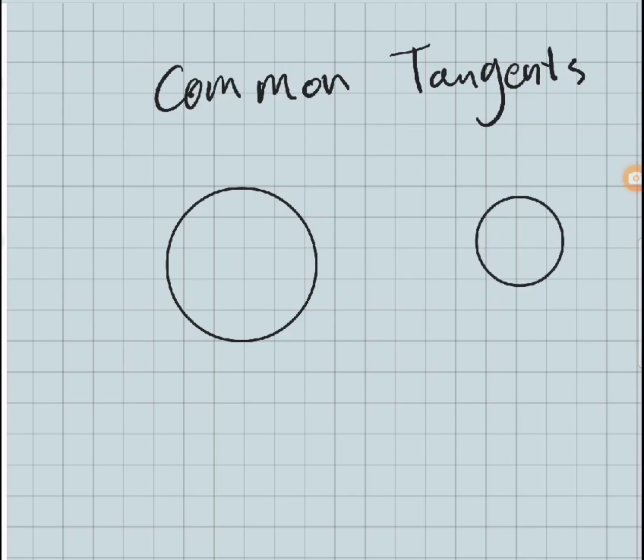Now, here's one tangent line. It's not a perfect line, but we'll make it work. So let's call that tangent line AB. So notice that that tangent line touches each circle exactly at one point.